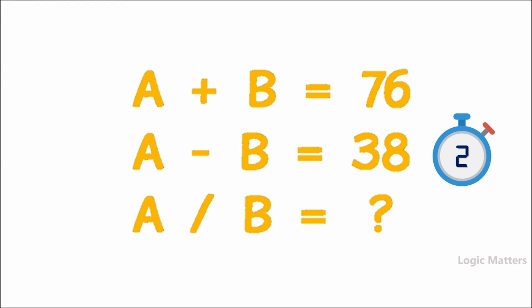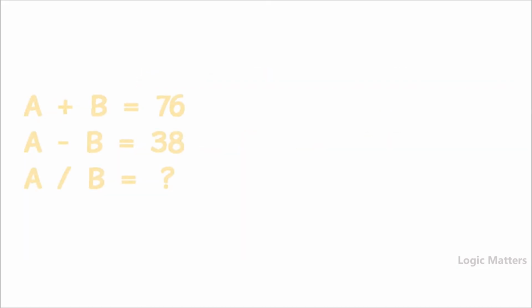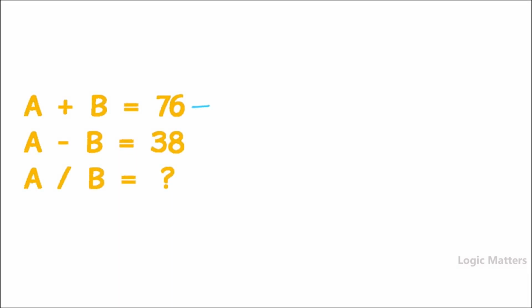Your time is up. Now let's get into the solution. Now let's assume this as equation number 1 and this equation as 2. What we need to do is subtract equation 2 from 1. Let's do it. A plus B is equal to 76.